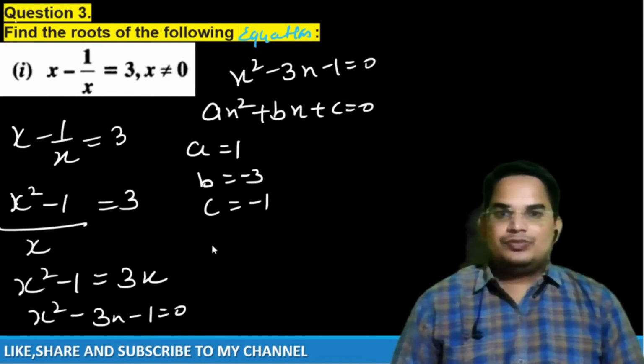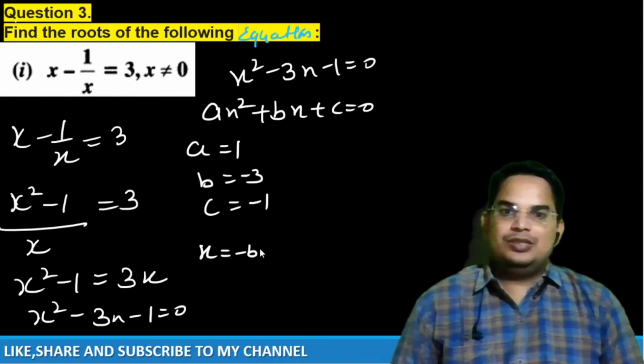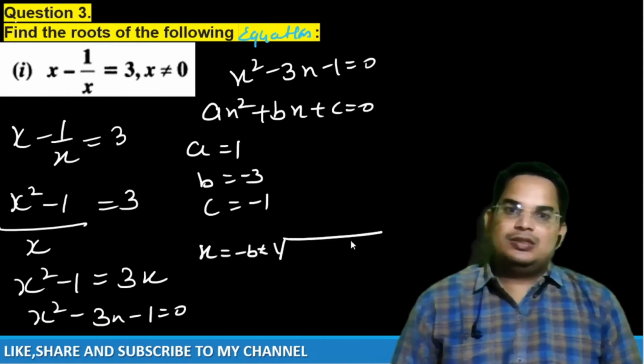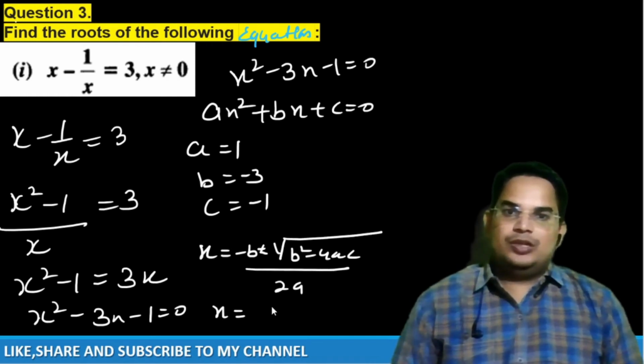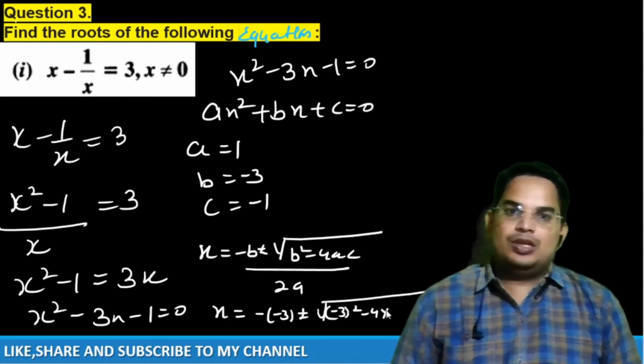यहाँ पे फॉर्मूला लिखते हैं x इक्वल टू माइनस बी प्लस माइनस स्क्वायर रूट बी स्क्वायर माइनस 4ac अपॉन 2a. तो x इक्वल टू, put the value of minus b, this is the minus 3 plus minus square root b square minus 4ac. b square means minus 3 square minus 4a, the value of a is 1, the value of c is minus 1, upon 2a, it becomes 2 into 1.